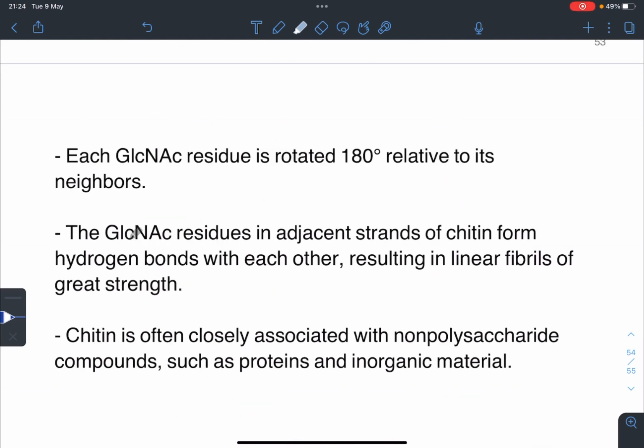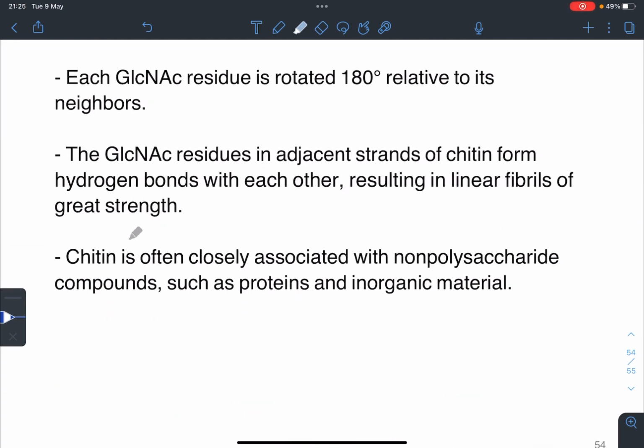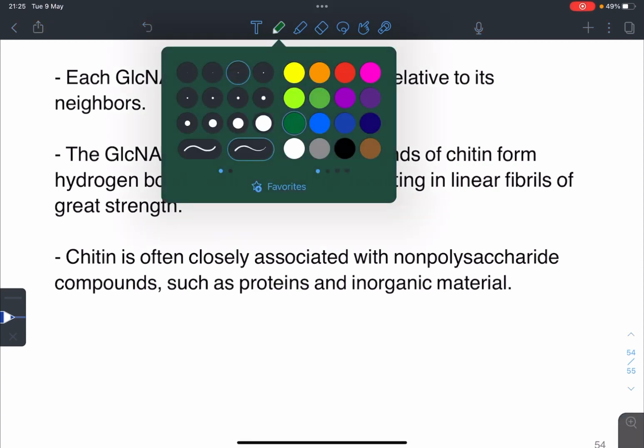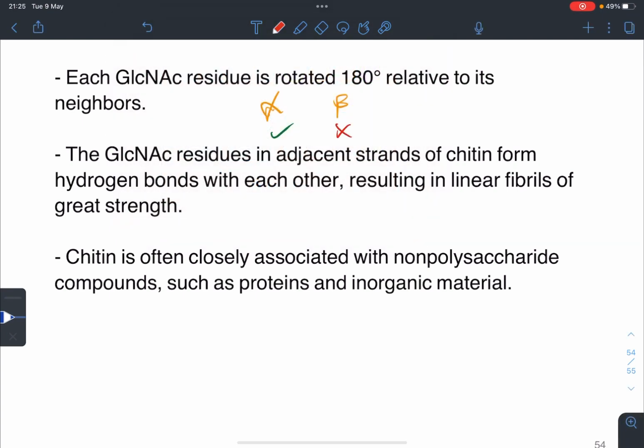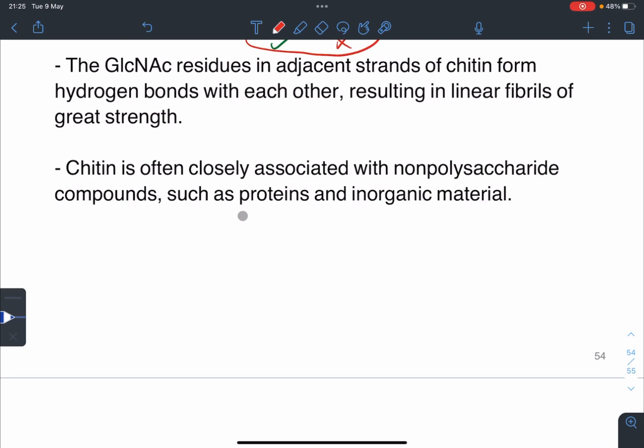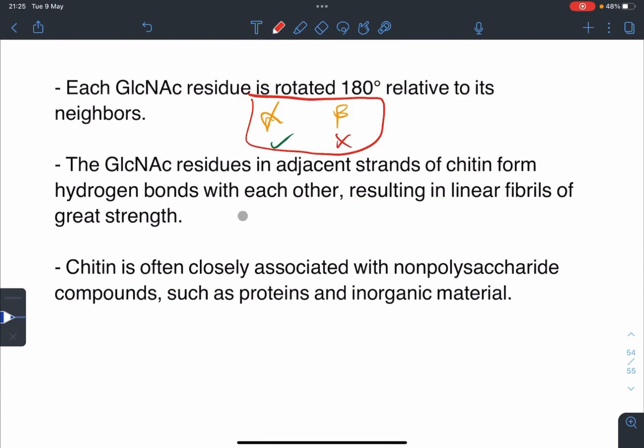So if they ask you which bonds can be broken down, alpha can be broken down. Alpha is a go. Alpha is a big green yes. And beta is a big red no. So we cannot break down beta 1,4 glycosidic bonds. And I should tell you why they're alpha and beta, shouldn't I?